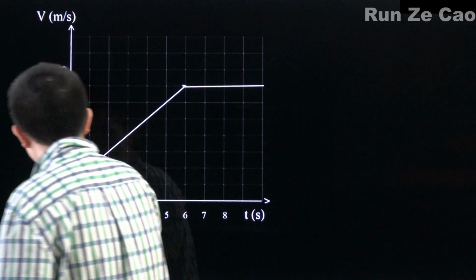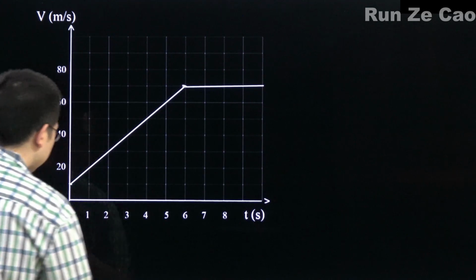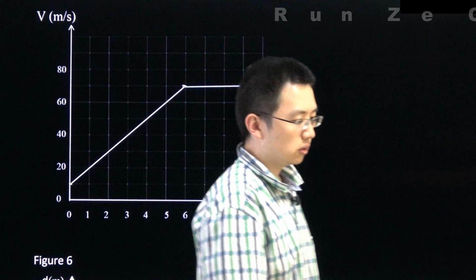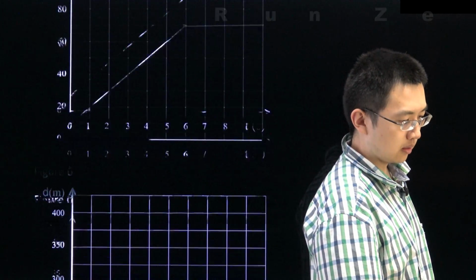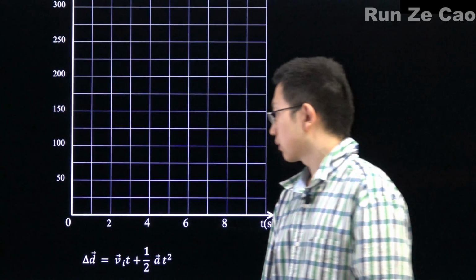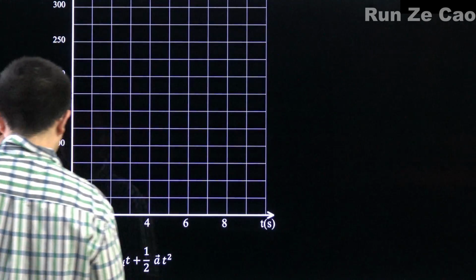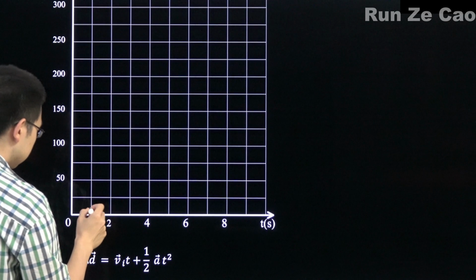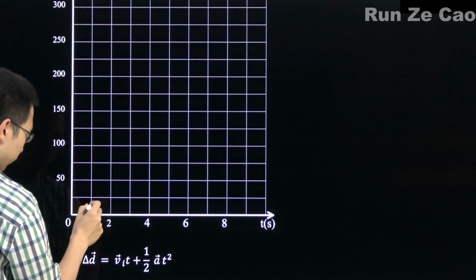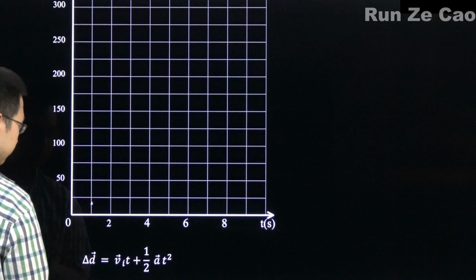Well, we went from 10 to 20 meters per second, and the average was 15. So we end up at, in the general neighborhood of, this is 25, therefore most of the way up.